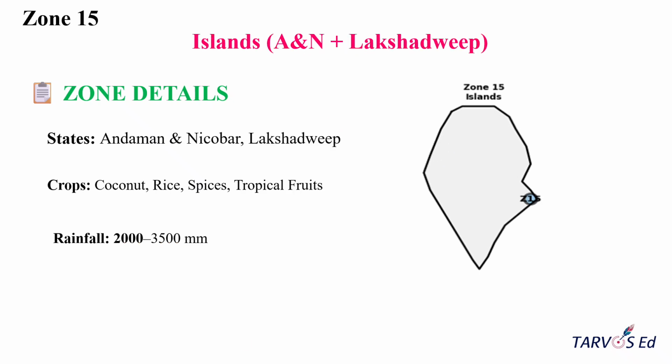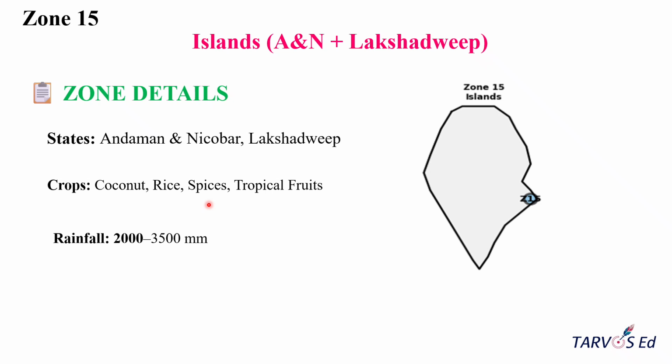And finally, the last one covers the islands, Andaman and Nicobar, along with Lakshadweep. These islands get very high rainfall, between 2000 to 3500 mm annually, due to their location in the tropical ocean. So the climate supports plantation as well as horticultural crops.